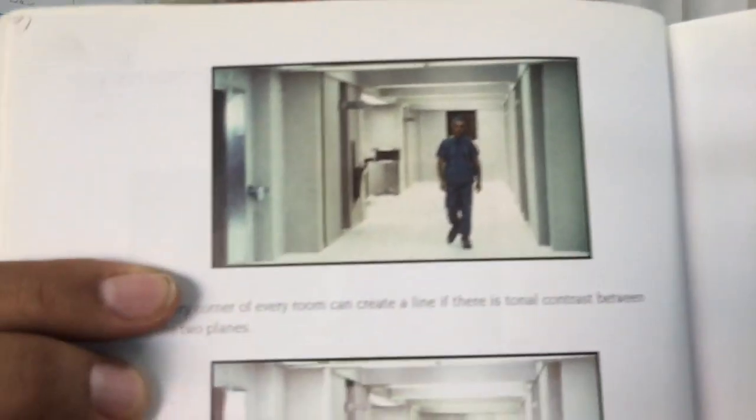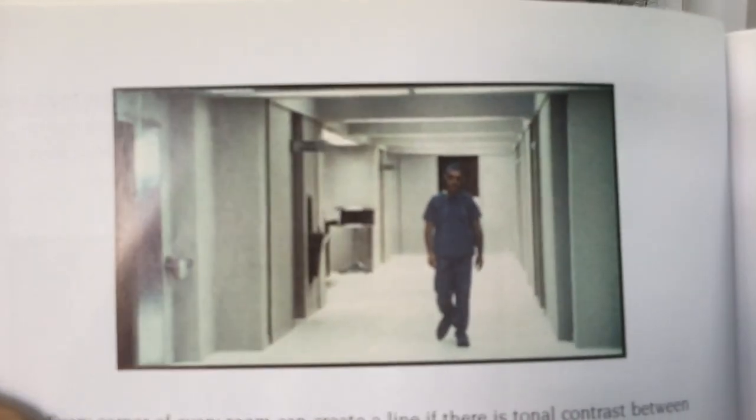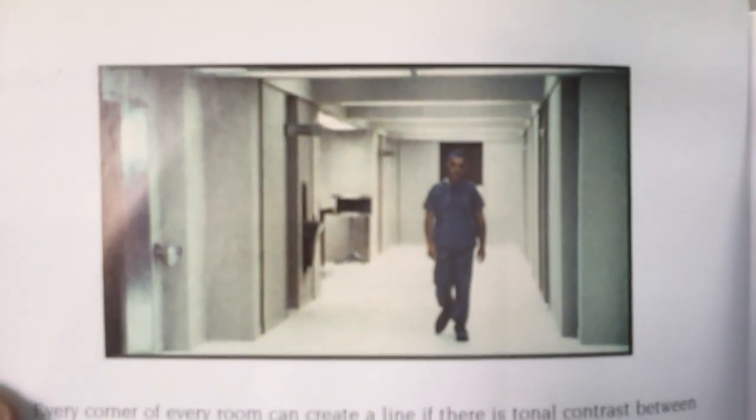Every corner of every room can create a line if there is tonal contrast between the two planes. So this requires tonal contrast or color contrast, one of the two. And this is what he means by that. Here's an example. And now he can add more contrast to the lines, more tone, or less tone here.